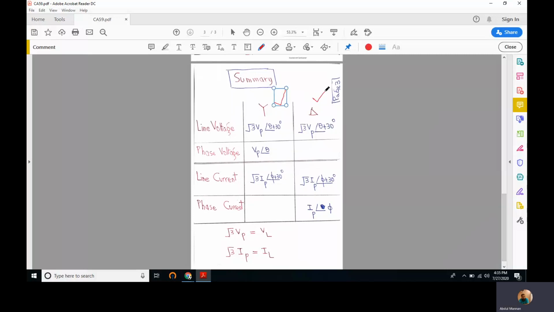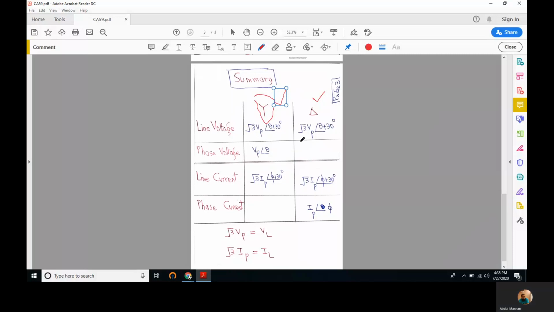The terms line voltage and phase voltage are used in the case of a Y-connected system. If the phase voltage is VP at an angle of theta, its counterpart line voltage is root 3 times VP. The magnitude is 1.732 times larger, and it is leading by 30 degrees, or the phase voltage is lagging its line voltage by 30 degrees.